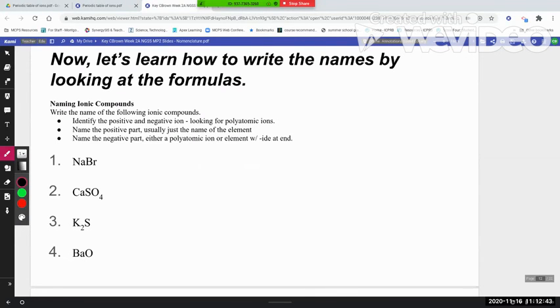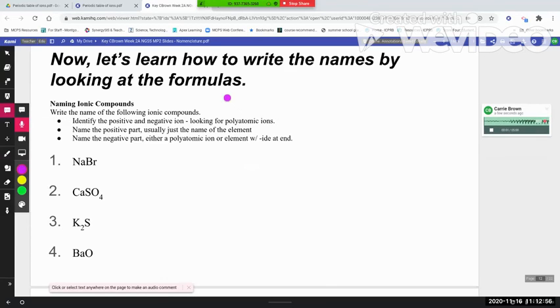So we want to find our first symbol. In all of these compounds, the first symbol in your formula is the cation. The second symbol is the anion.